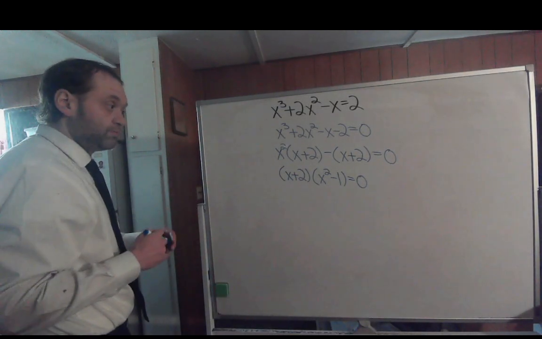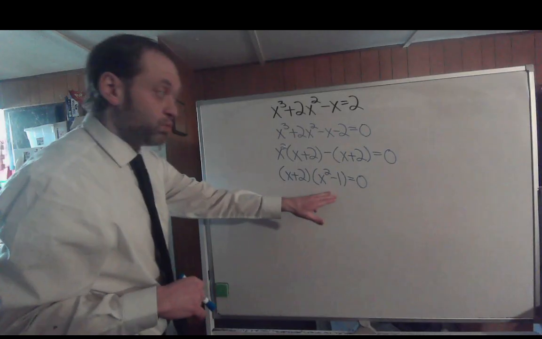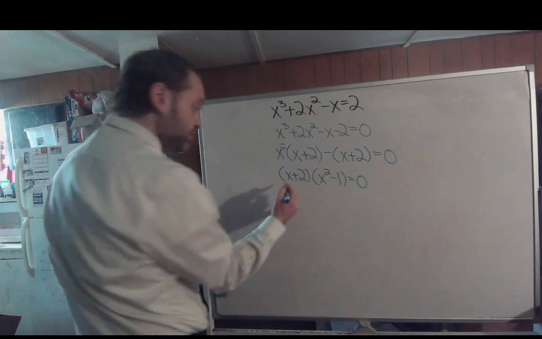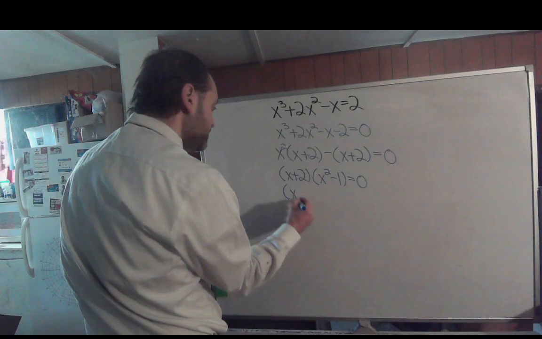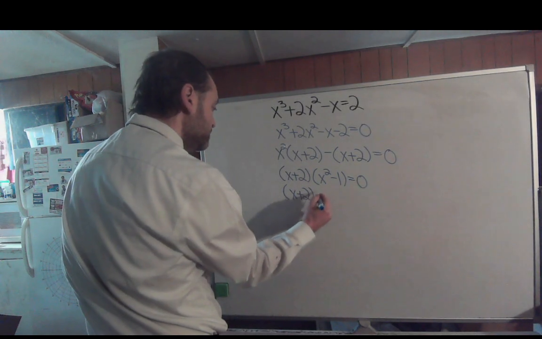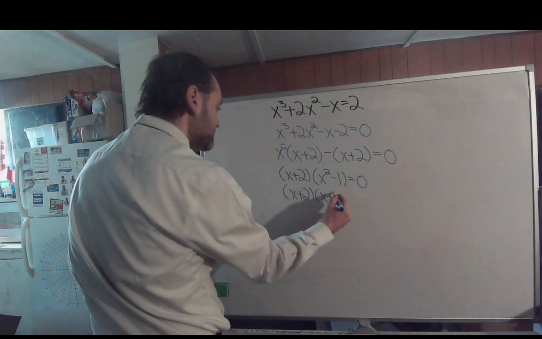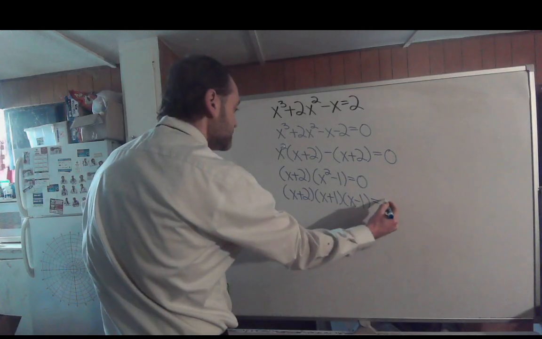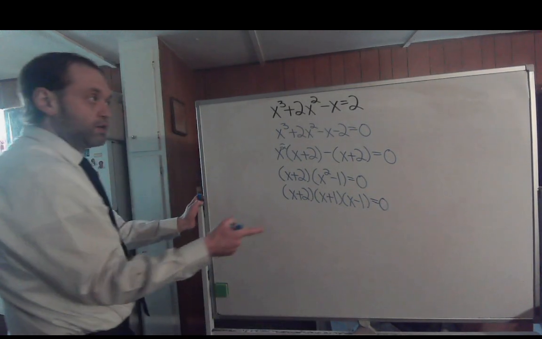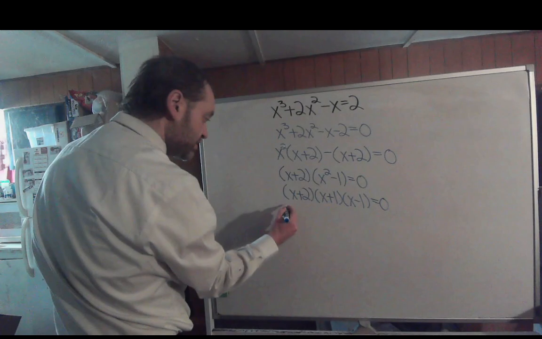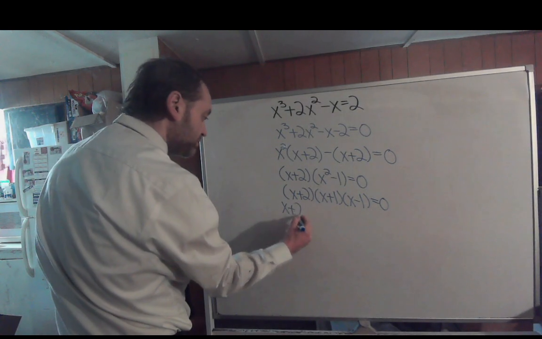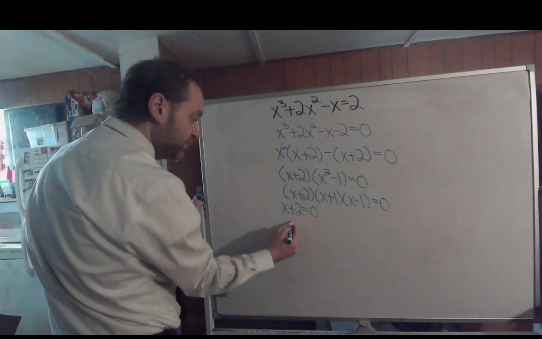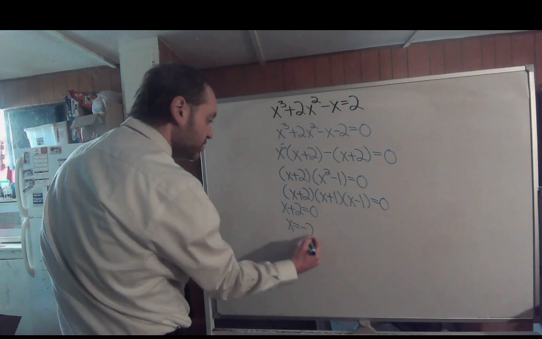Now, x squared minus 1 is a difference of squares that will factor further, so you would end up getting the quantity of x plus 2 times the quantity of x plus 1 times the quantity of x minus 1 equal to 0. So now, take each of these factors, set them equal to 0. x plus 2 equals 0, that would give you x equals negative 2.